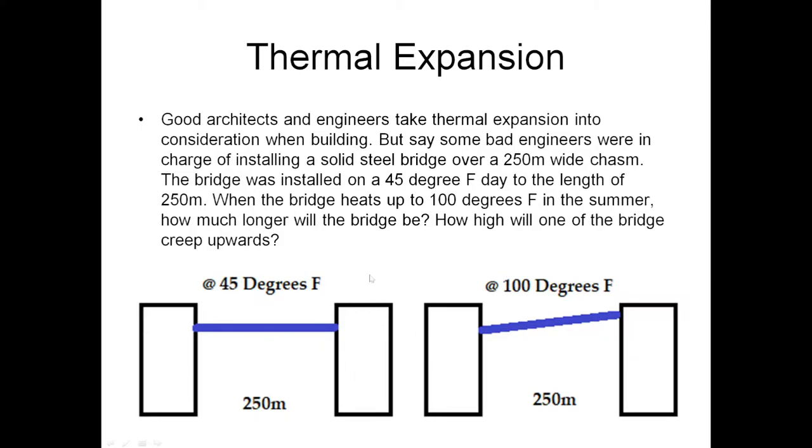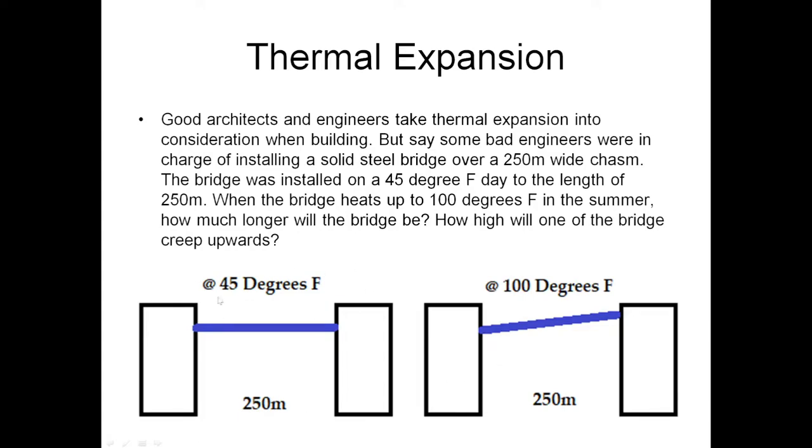Let's say that we have a bridge that is spanning a 250 meter long gap. That means that on the day it was built, and just for the sake of the extremes, it was built on the coldest day of the year, 45 degrees Fahrenheit. And at that temperature, the steel was 250 meters long. It fully spanned the gap.